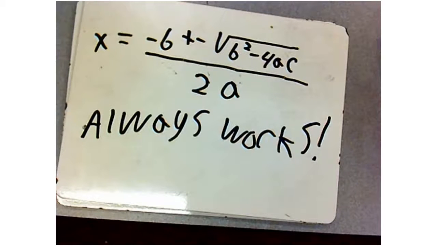Here we go again. 2x squared plus 16x plus 33 equals 0. First, notice you don't have to do any housekeeping. A is 2, B is 16, and C is 33. Hope you guys got your calculators ready.